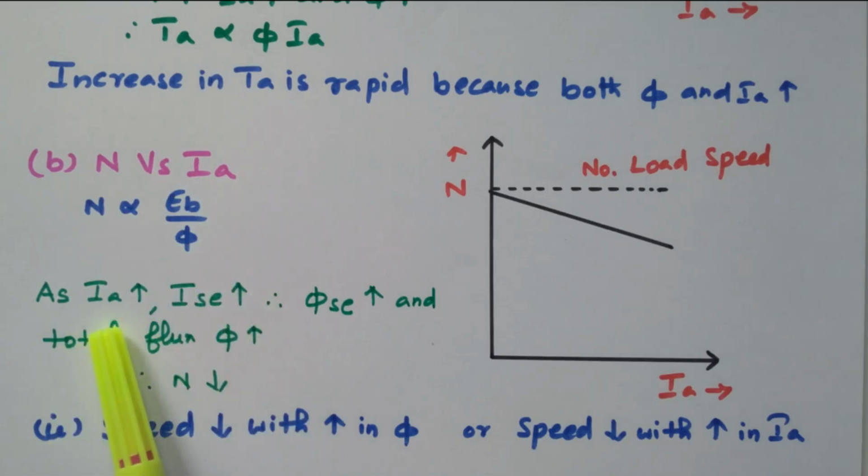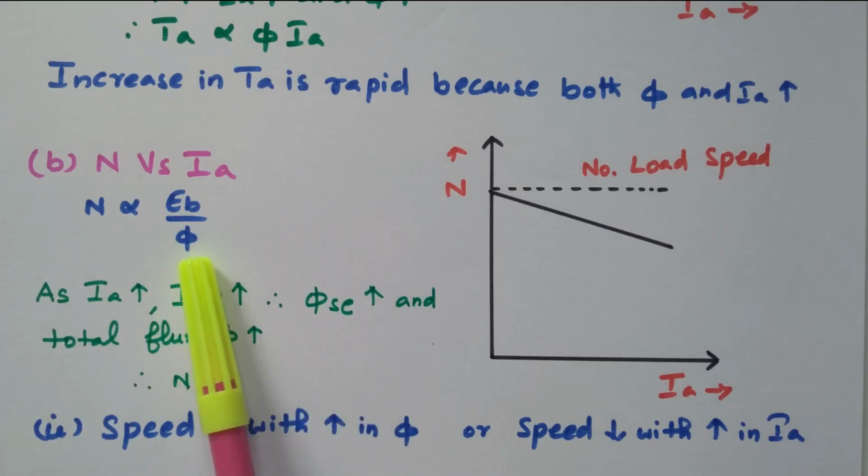So when the armature current increases, the series field current also increases, the series field flux also increases, so the total flux also increases, as we discussed previously. Load increases means armature current, series field current, series field flux and the total flux increase. The flux is in the denominator, so it is inversely proportional. If the flux increases, the speed will decrease.